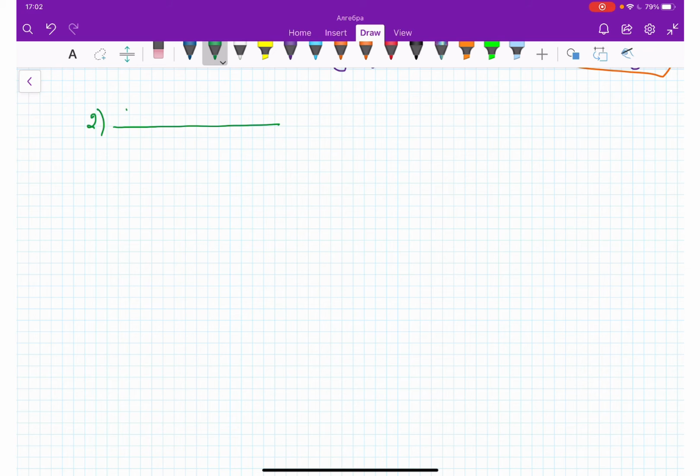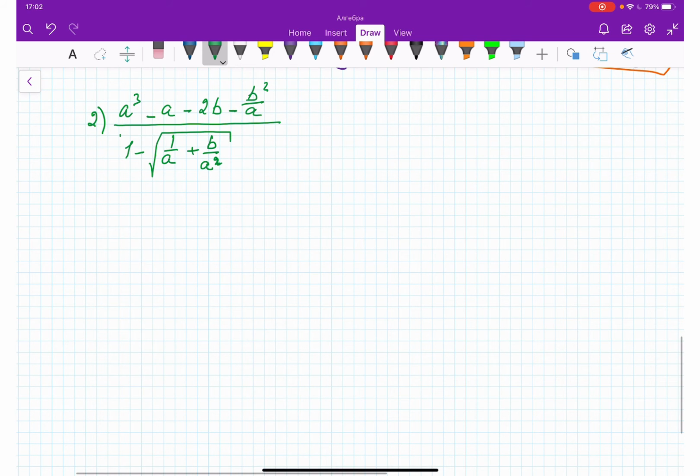We have a cubed minus a minus 2b minus b squared over a. Here I have 1 minus 1 over a plus b over a squared, and all this under square root, times a plus square root a plus b.